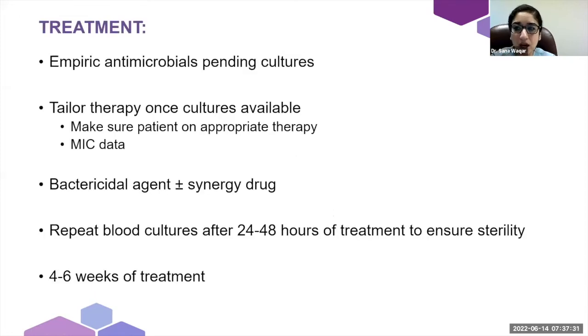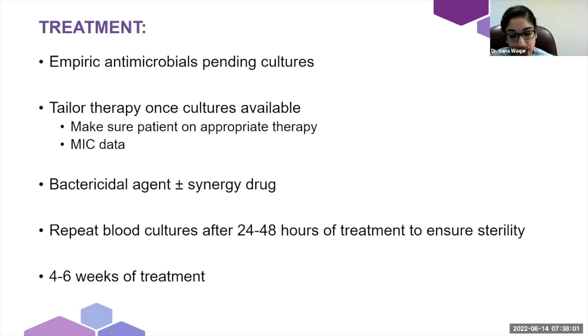So treatment: initially when these patients present, you're going to start them on broad spectrum empiric therapy, and that is usually dictated by what risk factors they have. And then obviously you're going to tailor your therapy to what organism you identify. It's important to make sure that the organism you identify has appropriate susceptibilities, because you really want to pick a drug that is most effective against the organism.